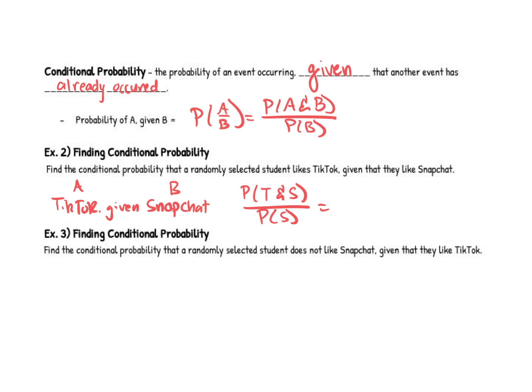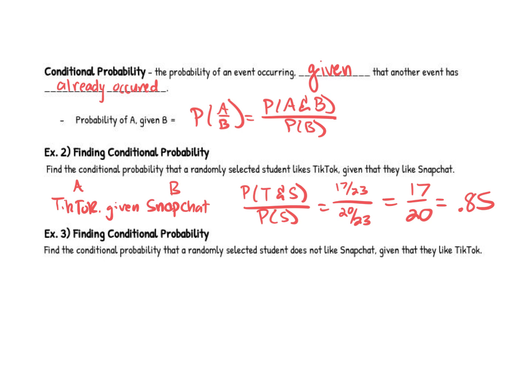If we look at those probabilities from above, the probability of TikTok and Snapchat was 17 over 23, while the probability of Snapchat was 20 over 23. This reduces down to 17 over 20, or 0.85, 85%.